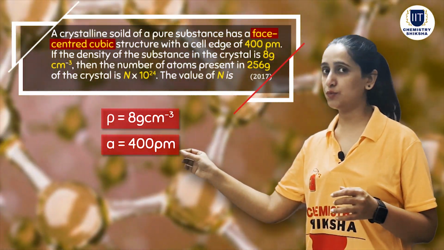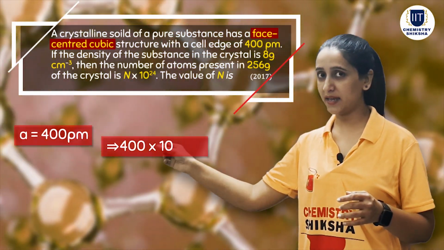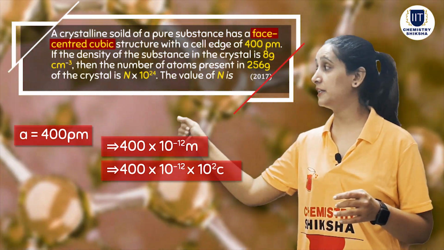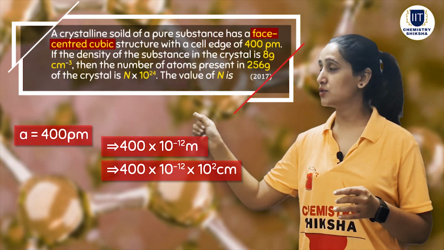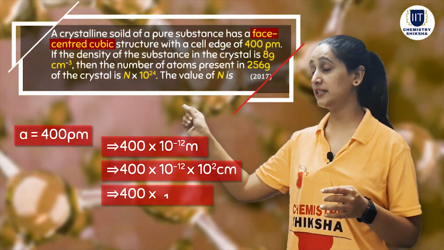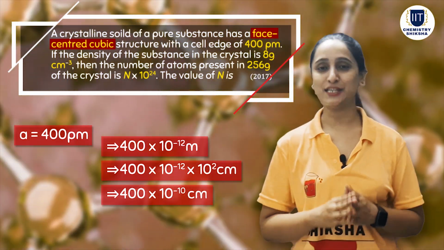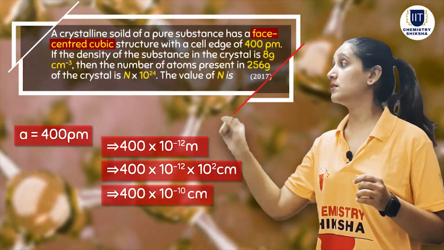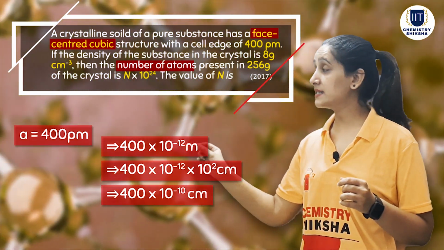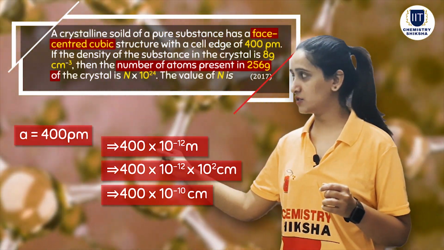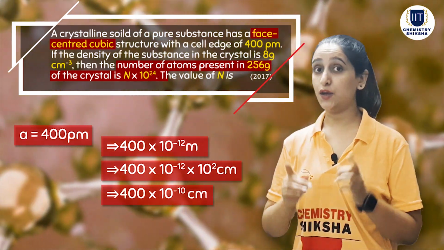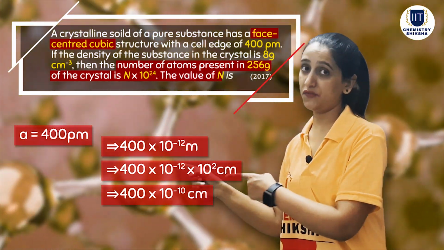So it comes out to be 400 into 10 to the power minus 12 meters, and to convert into centimeter you have to multiply by 10 to the power 2. So it comes out to be 400 into 10 to the power minus 10 centimeters. Now you have to calculate the number of atoms present in 256 gram of the solid, which is N into 10 to the power 24, and you have to calculate this value of N.